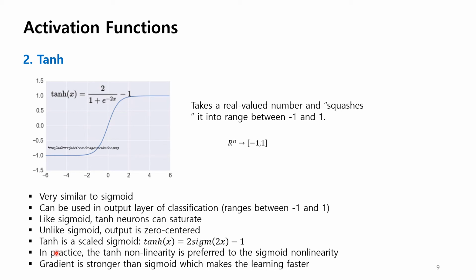So in general, hypotangent is preferred to the sigmoid function. Also, when you calculate the gradient of hypotangent, its value is much stronger. This gradient is much steeper than sigmoid in general. That means your training is much faster because the gradient value is higher in hypotangent than in the sigmoid function.